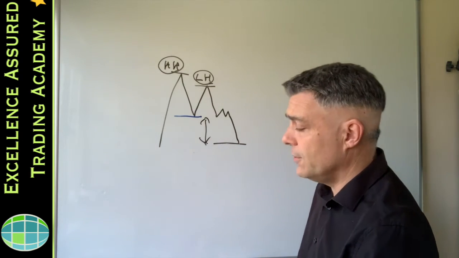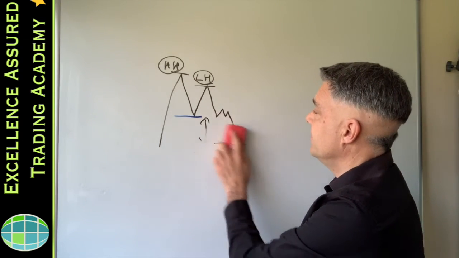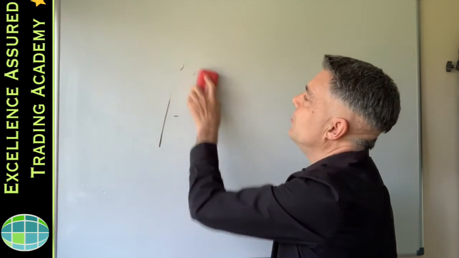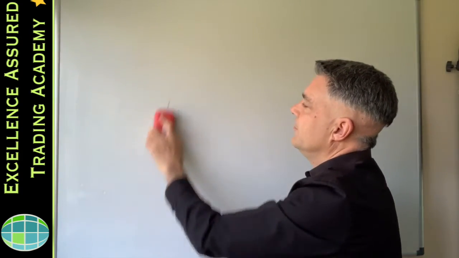And that's very often what you find with double tops and double bottoms, and the double bottom patterns work in exactly the same way, in that they go on for a certain length of time and then they're over. So a double top, a double bottom, a head and shoulders top or bottom doesn't necessarily end a trend. It temporarily pauses a trend perhaps, but it doesn't necessarily end a trend.